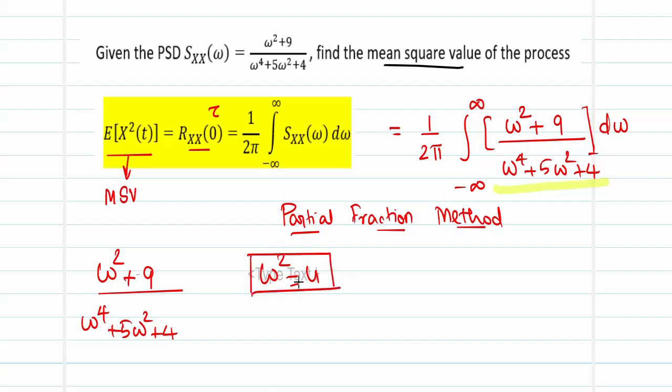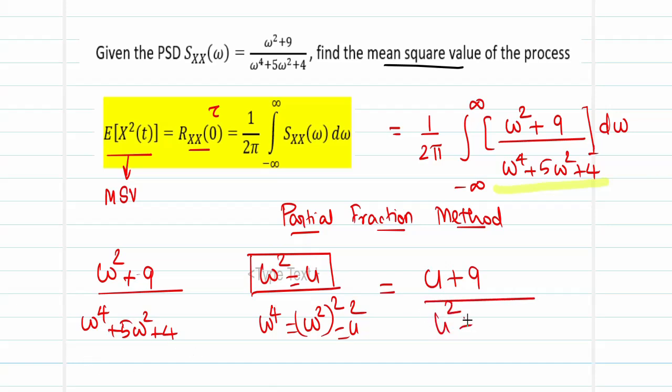So this is the technique which we are going to follow. The format will now change as u plus 9. What will be omega power 4? It is omega square the whole square, so this becomes u square. So the denominator becomes u square plus 5u plus 4. So the changed format is u plus 9 divided by u square plus 5u plus 4.